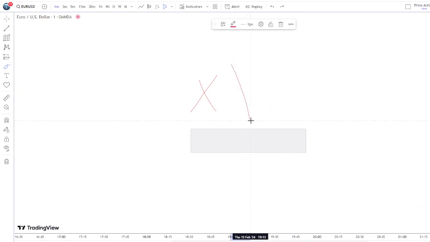It will come to the zone and not tap it and go up. Then people start buying from this zone, thinking it will go up, yet it's creating inducement for this low. Price will then take it and go up.